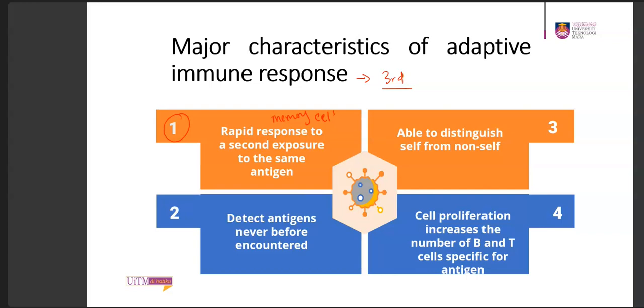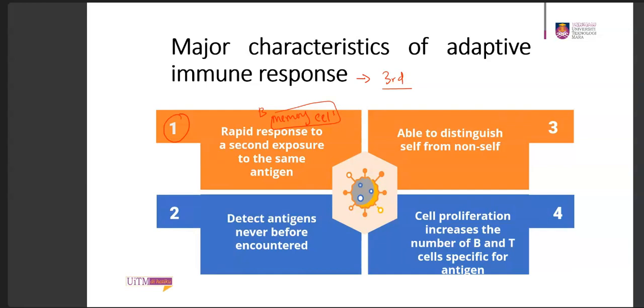Due to the presence of memory cells, for example memory B cells, once the same pathogen enters your body again, the memory cell can be activated and straight away produce antibody that circulates in your body fluid to protect against that specific pathogen.